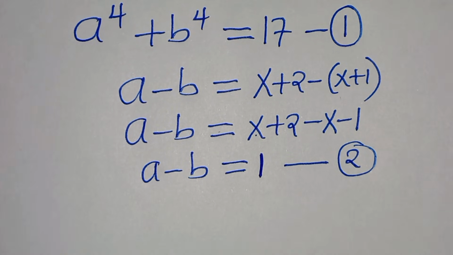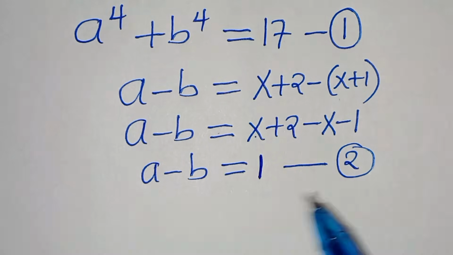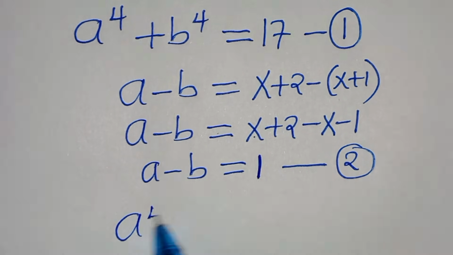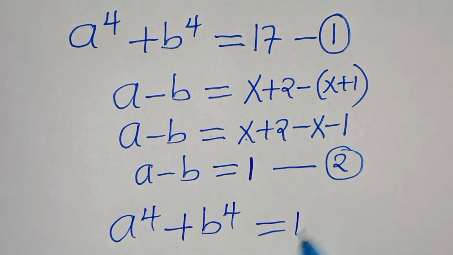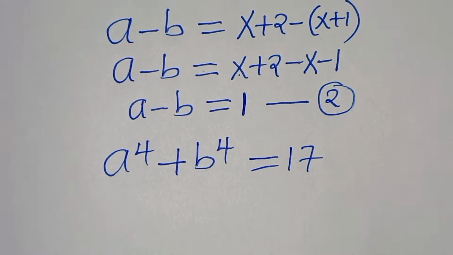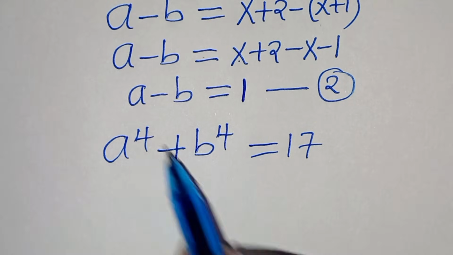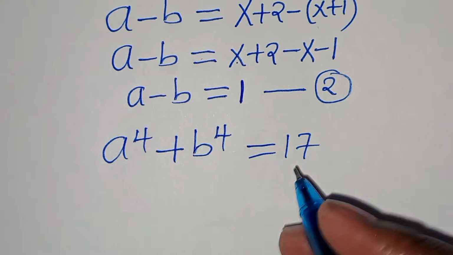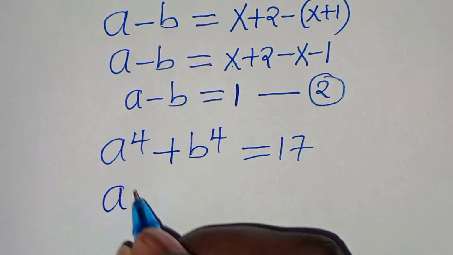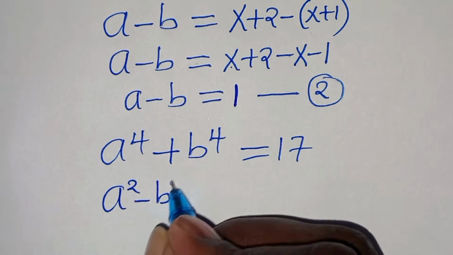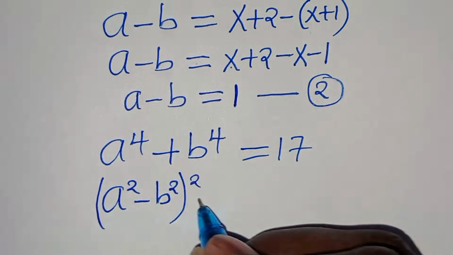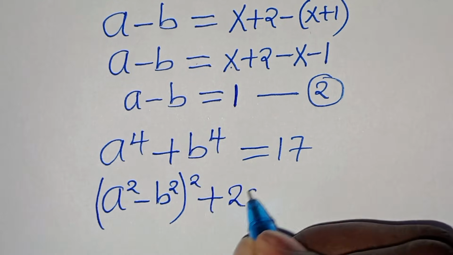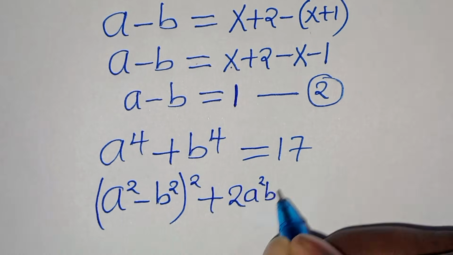Now, the next step is that from equation 1, which is a to the power of 4 plus b to the power of 4 equal to 17, we can express a to the power of 4 plus b to the power of 4 as (a squared minus b squared) raised to the power of 2 plus 2a squared multiplied by b squared.